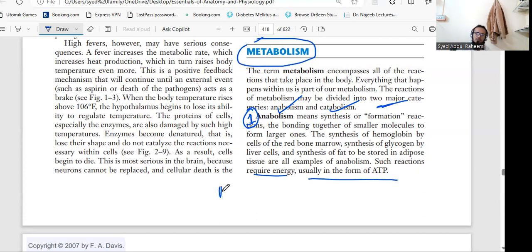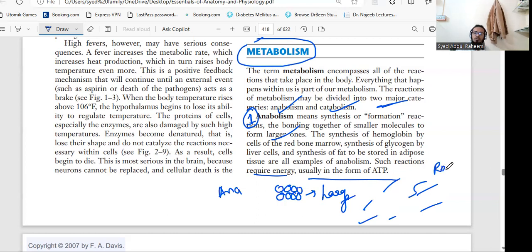So basically, anabolism means it is the formation. We have smaller molecules, okay? They will bond together to become large molecules. Like the example given here. We have hemoglobin. Hemoglobin is separate, but it will attach to the RBC and it will become the complete cell.